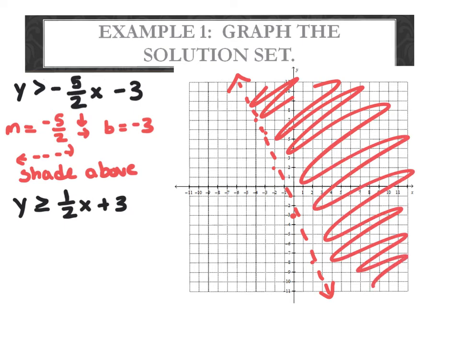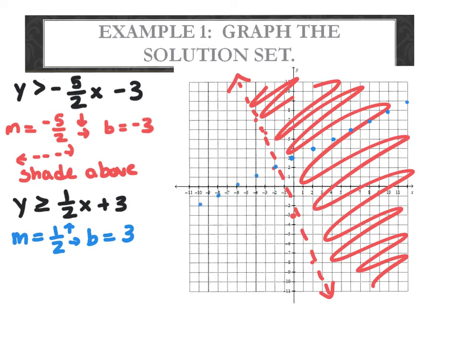For the second example, my slope is 1/2 and my y-intercept is 3. So I can start at 3. And then since my slope is 1/2, that means I'm going to go up 1 and over 2. And I can extend my points across the whole graph to help me with drawing in my line.